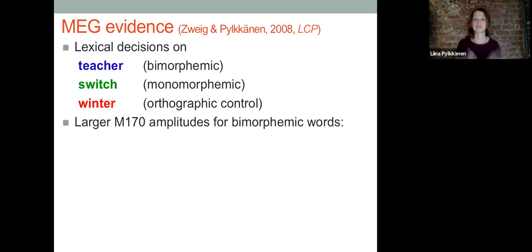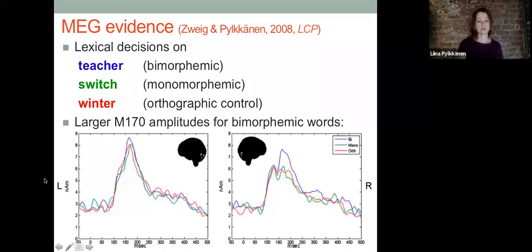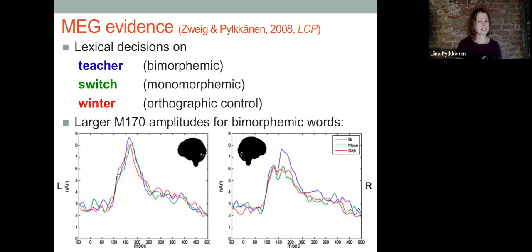That can plausibly be interpreted as reflecting seeing two forms as opposed to just seeing one form. And interestingly, in that early study, although we saw the effect in the left hemisphere, so here are the M170 amplitudes, and the blue lines are the morphologically complex cases, the effect was very much bilateral in our hands at the time.